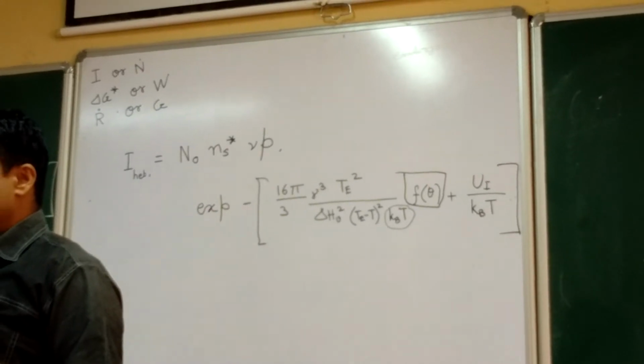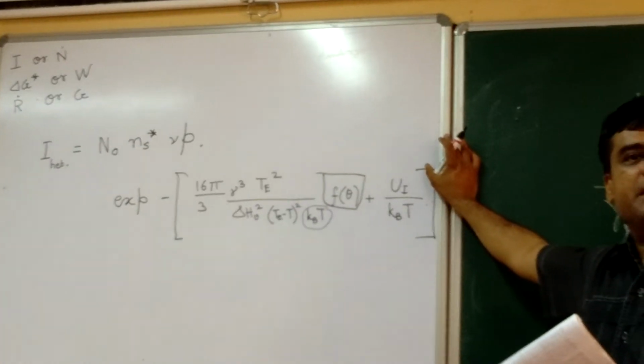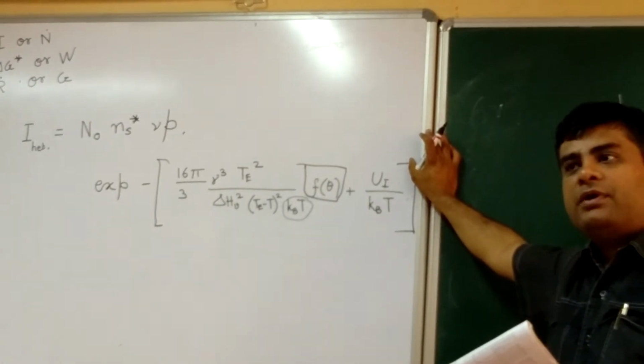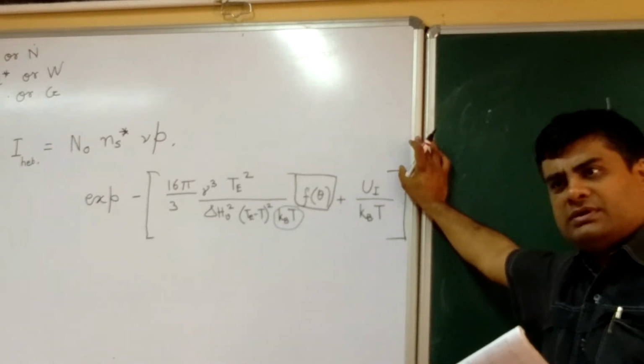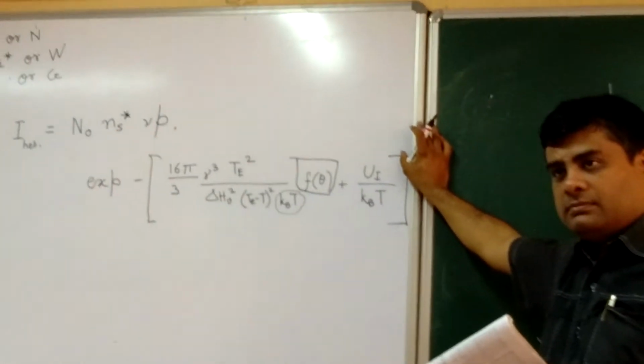Usually, this Ui is the activation energy barrier; for the solidification case, Ui is the activation energy for diffusion in liquid, which is low compared to the other term.